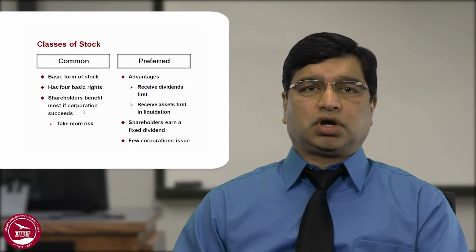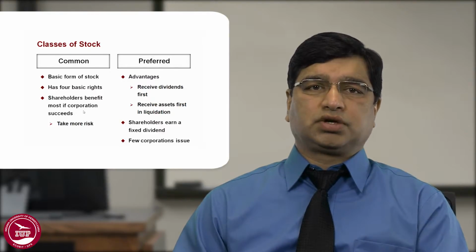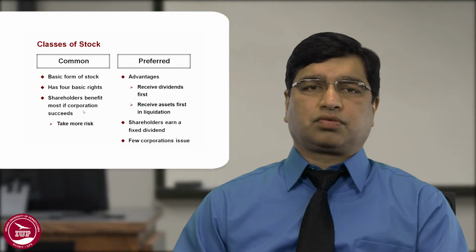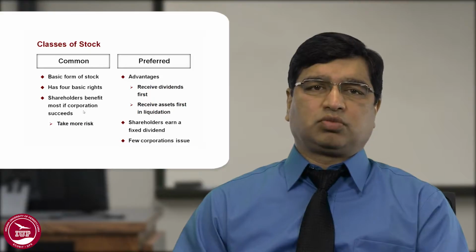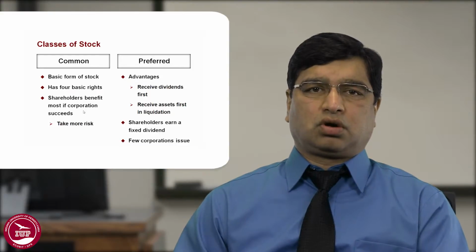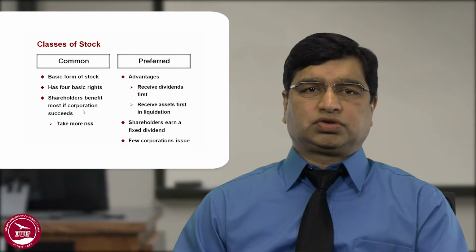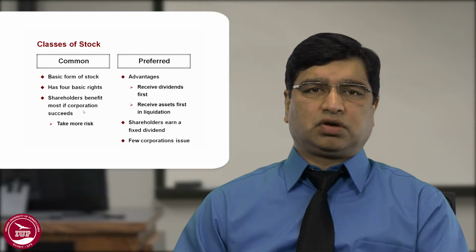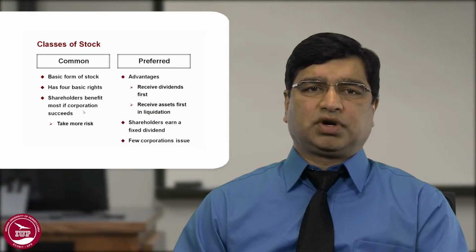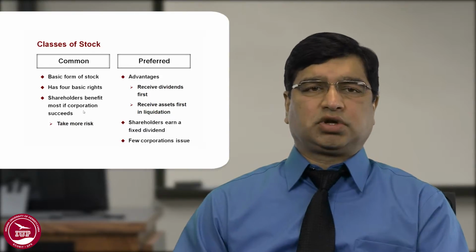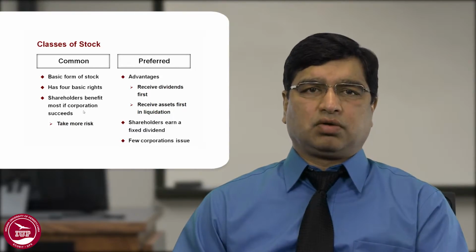As far as stock is concerned, there are two kinds of stock, common as well as preferred. Common is the most basic kind of stock issued by the company, and it has various rights associated with it. Shareholders of the corporation will benefit maximum with the common stock, and at the same time they take the maximum risk when they own the common stock.